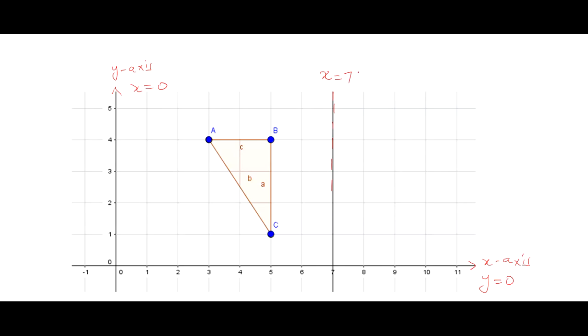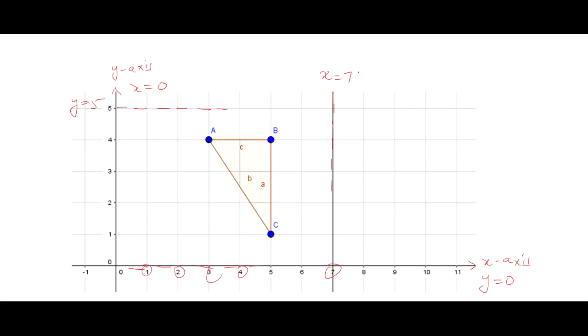Why is it the line x equal to 7? This is our x-axis, and we are counting 0, 1, 2, 3, 4, straight up to 7. So therefore this is the line x equal to 7. If I were to draw a horizontal line at this point here, the equation of that line is y equal to 5. Okay, so be careful how you label your lines.